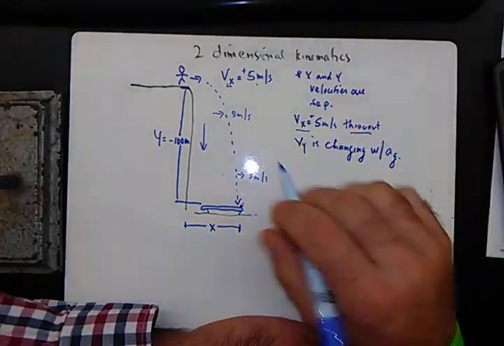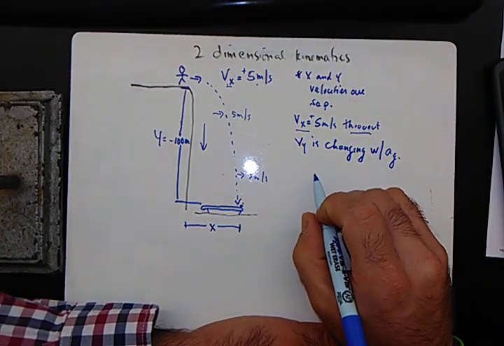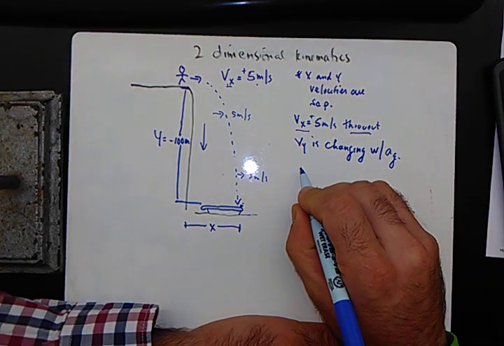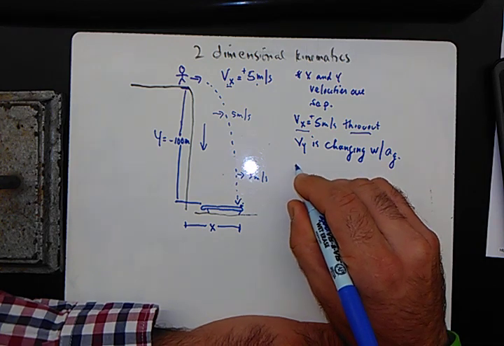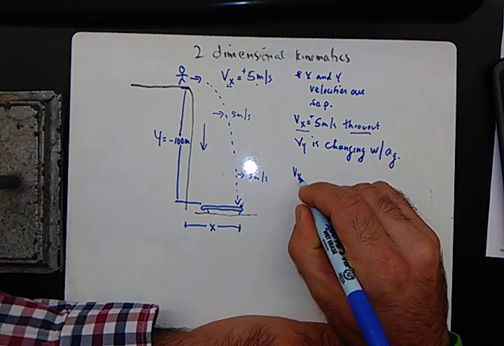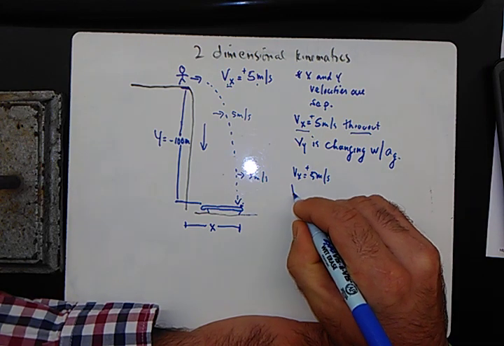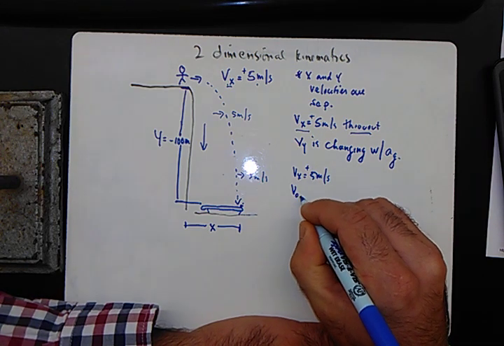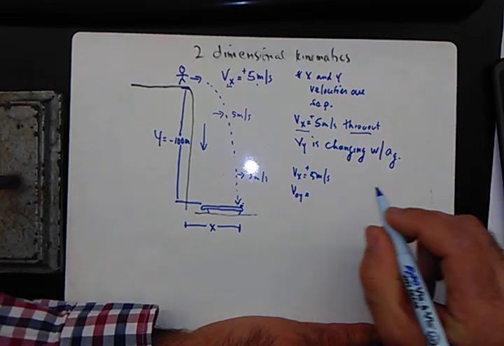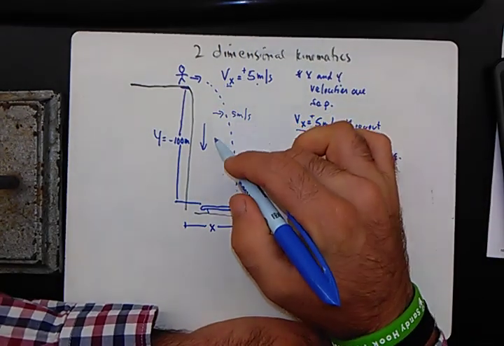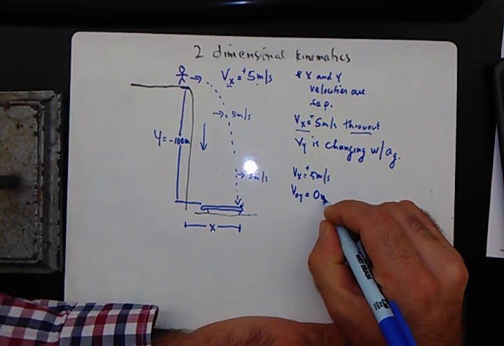So let's get this cleaned up a little bit. We know, number one, that Vx is 5 meters per second. We know that V naught y, the initial velocity in the y direction, is 0.